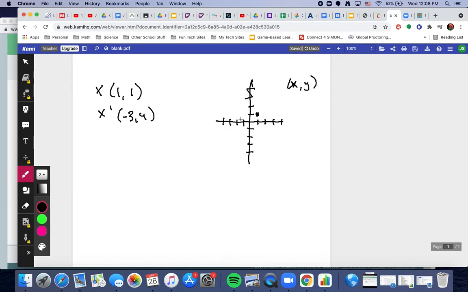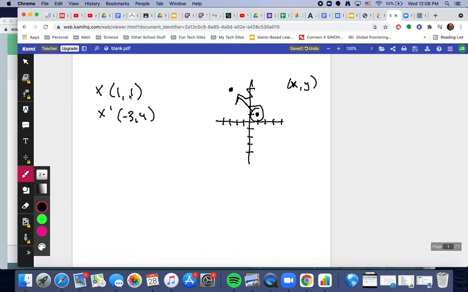So we're moving to -3, 4, which puts me 1, 2, 3, so that's -3, and then 4 would put me up here. So you can see from this that I'm going to the left from this point to that one. If I were going to break that down into left, right, up, down movements, you would go to the left, and then you would go up, or you could go up and to the left. It doesn't matter. Both ways will get you to the same place.